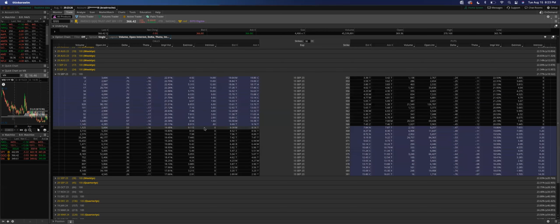Now, if we look at these outside of here, there's no intrinsic value on any of these contracts. It's all extrinsic value. So when we get to September 15th, and let's say we close at 366.42, all of these in black will be worthless. They will be worth nothing. Absolutely nothing. Zero.